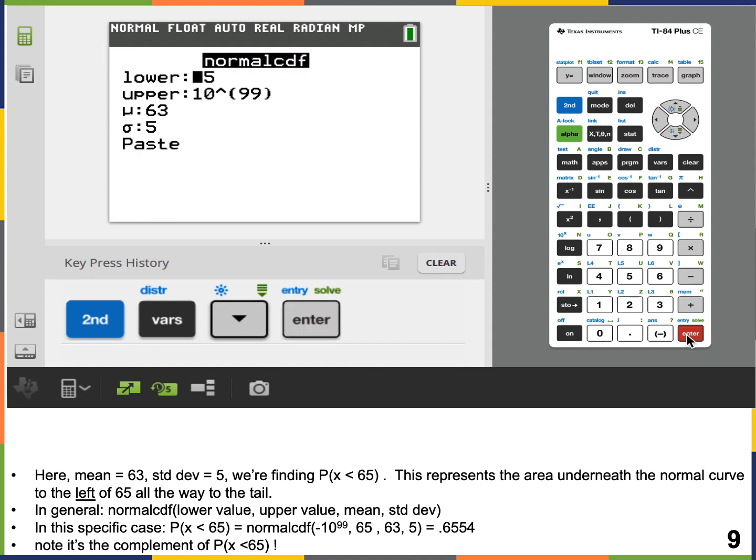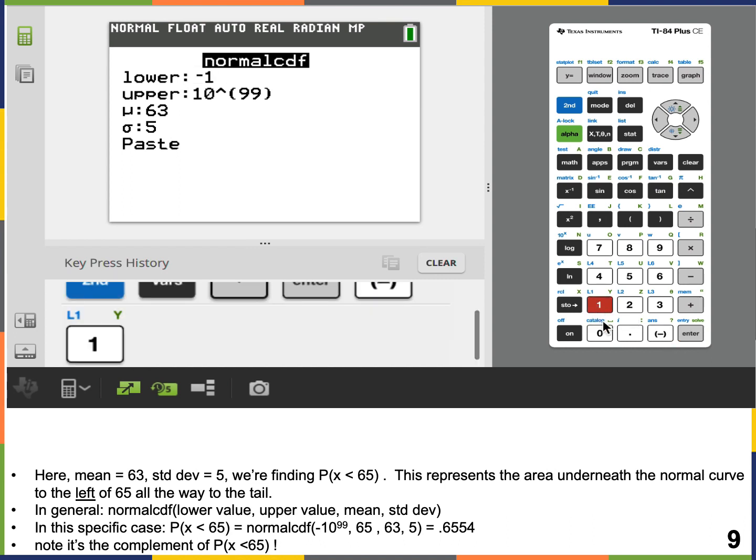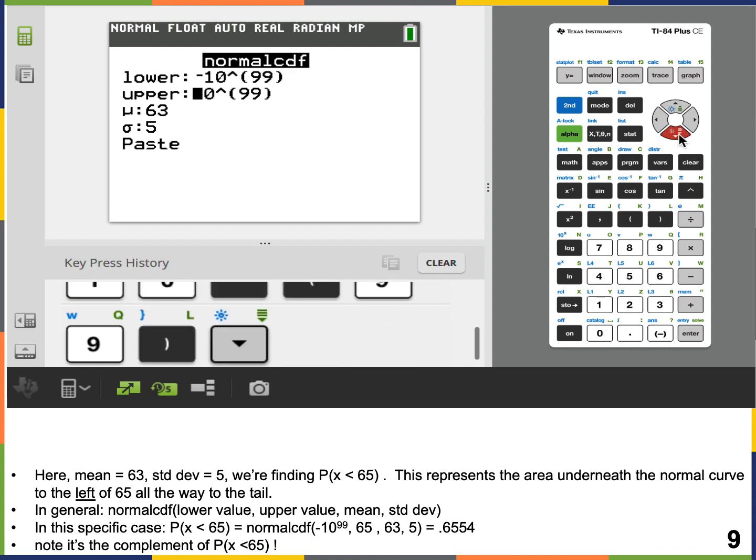Our lower bound in this case, because it's the left side of 65 all the way down to the tail, is negative 10 to the power of 99. This way we ensure that it gets the tail all the way to the left.